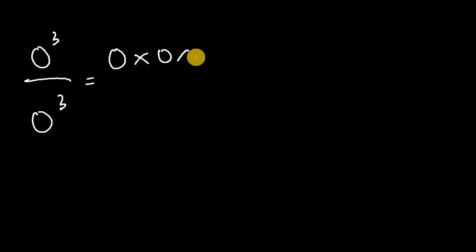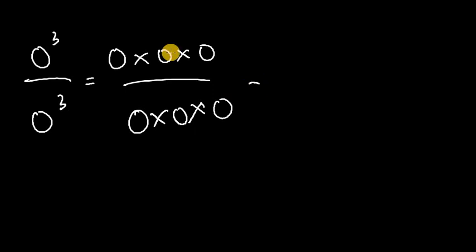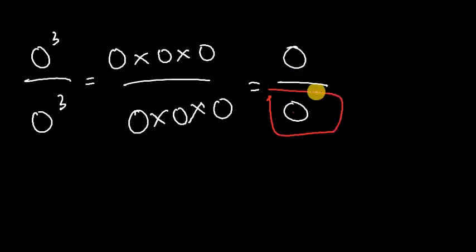Let's say we have 0 to the power of 3 over 0 to the power of 3. We can say that this is 0 times 0 times 0 over 0 times 0 times 0. 0 times everything is 0, 0 times everything is also 0. The problem is this: we cannot divide something by 0.